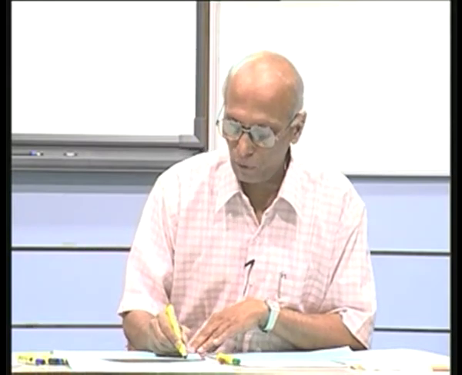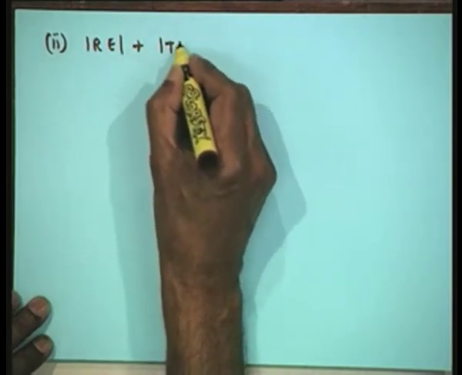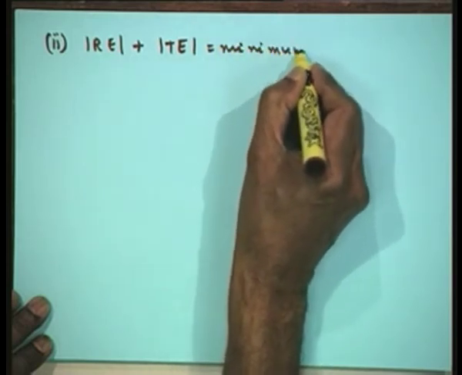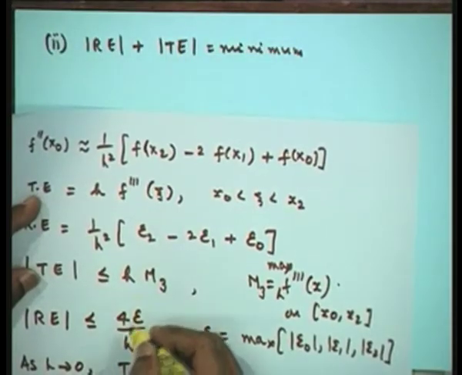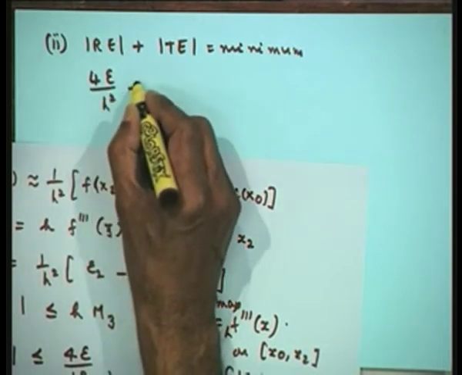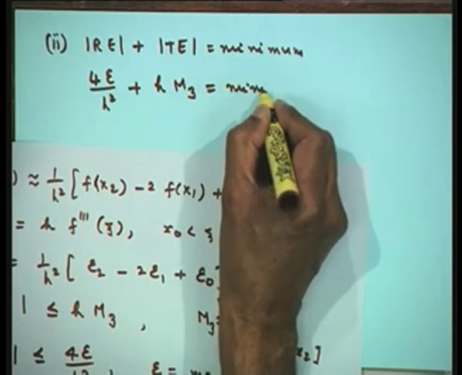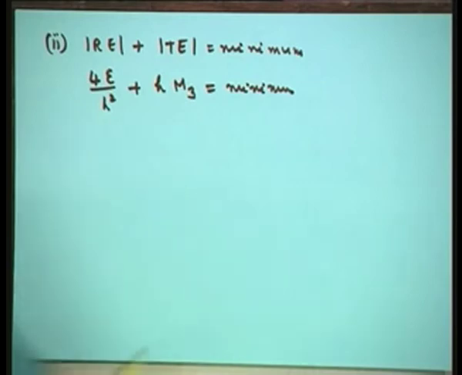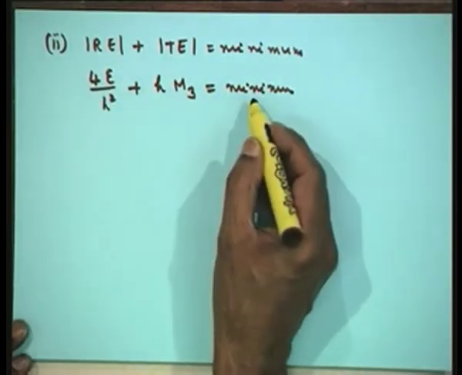Let us look at the second part. The second way of looking at it is that the magnitude of round off error plus the magnitude of truncation error is minimum. Therefore, I can add these two quantities and minimize it. So, I will have 4 times epsilon upon h square plus h times m 3 is minimum. So, I can differentiate with respect to h and find the minimum value.